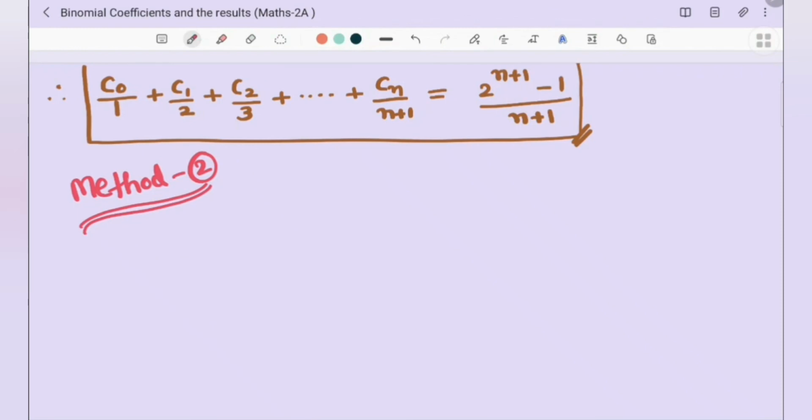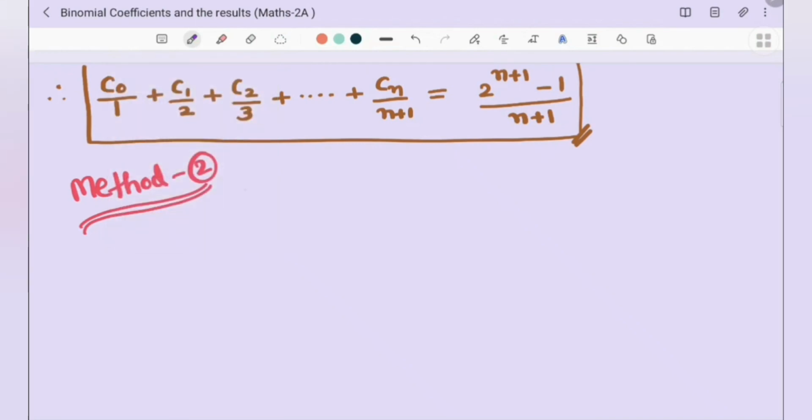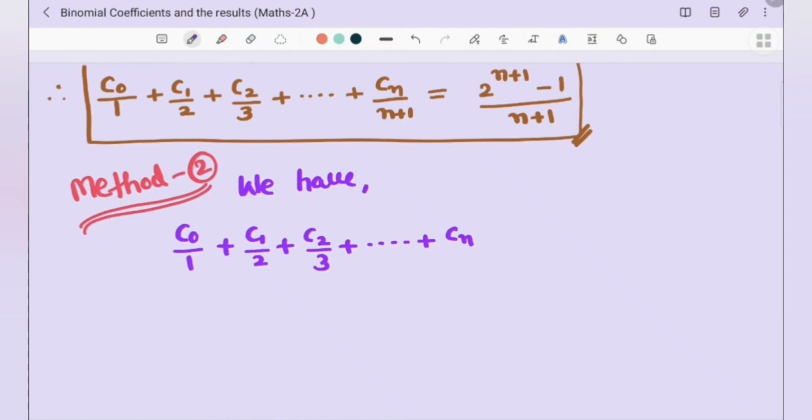See how we are going to do that. We have the standard result which we discussed in the earlier classes: C0 by 1 plus C1 by 2 plus C2 by 3 plus and so on, Cn by n plus 1.